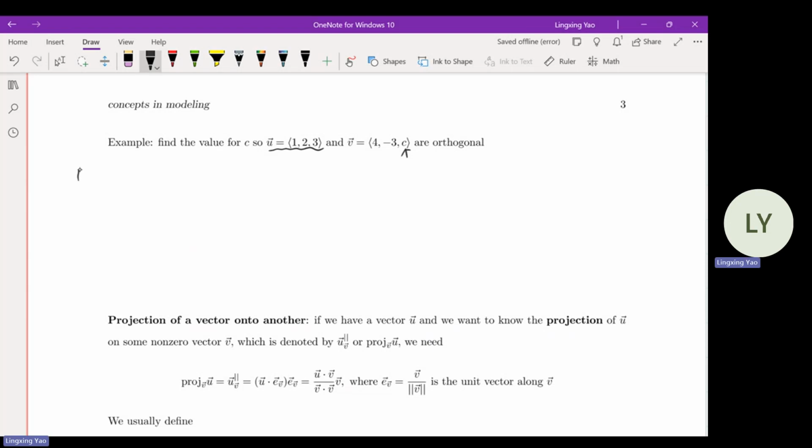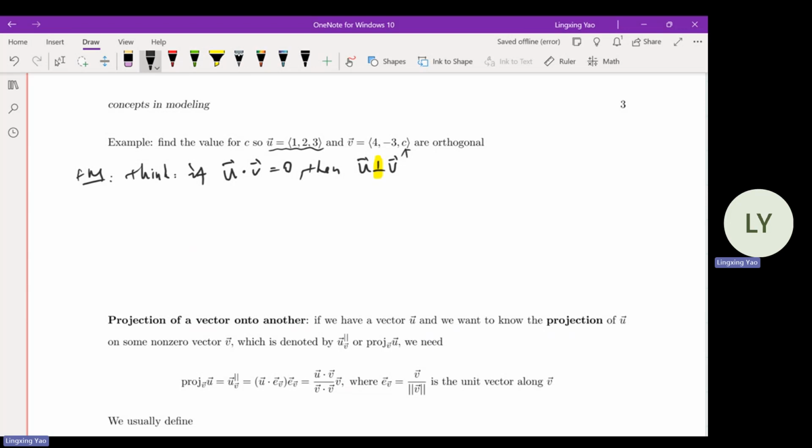How do we know u and v will be orthogonal to each other? If u dot v equals 0, then u is perpendicular to v. We use this notation to indicate those two vectors are perpendicular or orthogonal to each other.